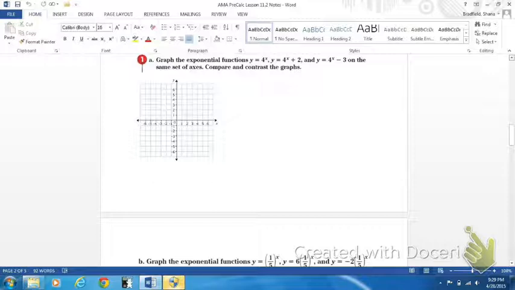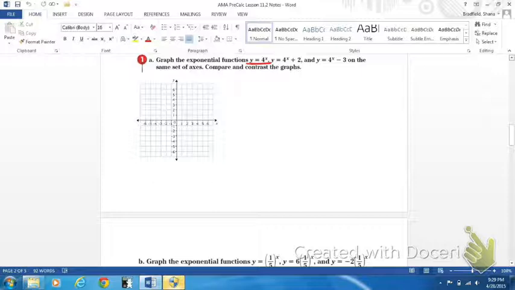So I want to take a look at a graph of some different exponential functions, and we'll see what happens with those. For the first one, we're going to graph y equals 4 to the x power. To do that, if you want to use your graphing calculator or Desmos, that's perfectly fine. So for the first one, I'm going to graph y equals 4 to the x power.